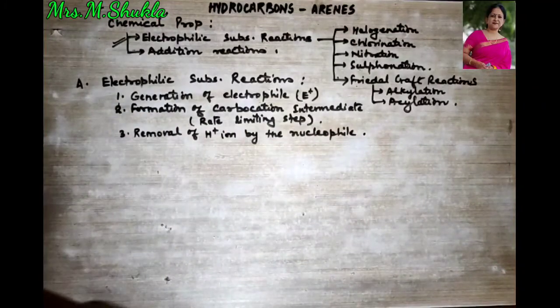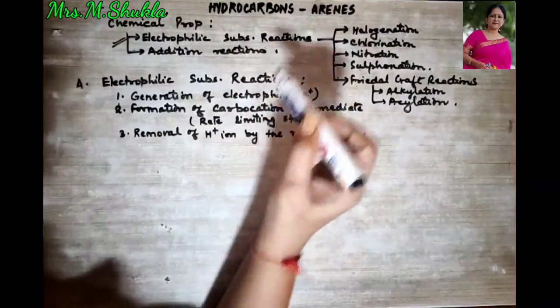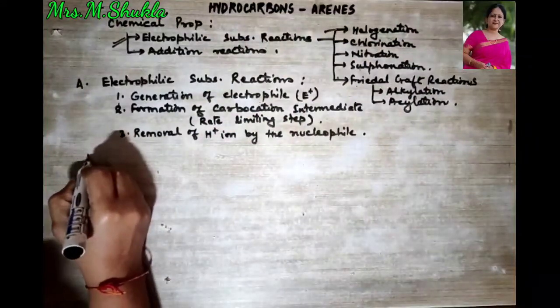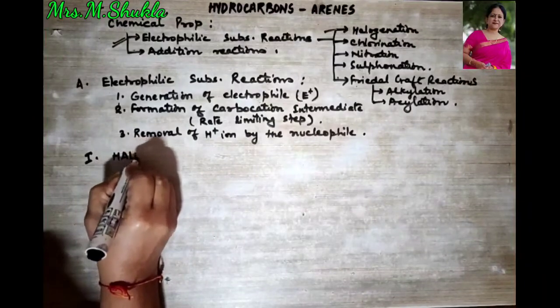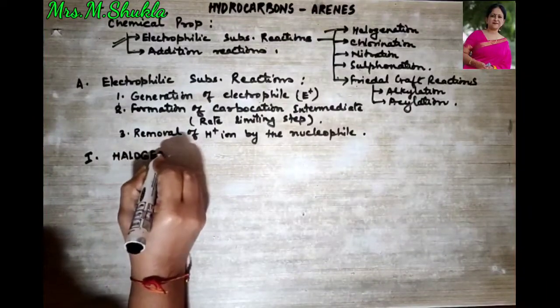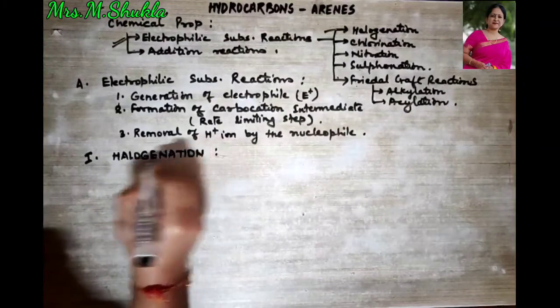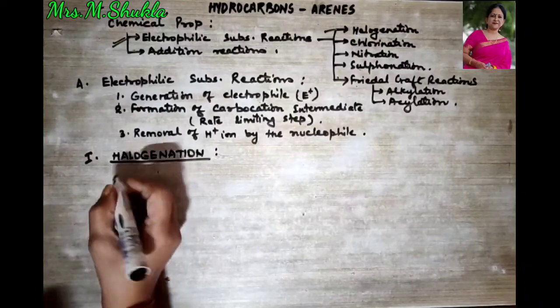So to begin with, let us start with halogenation. Try to understand carefully all the 3 different steps.